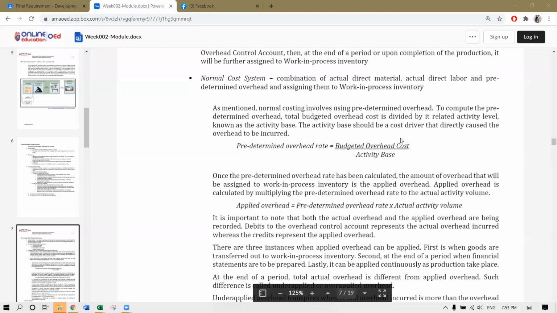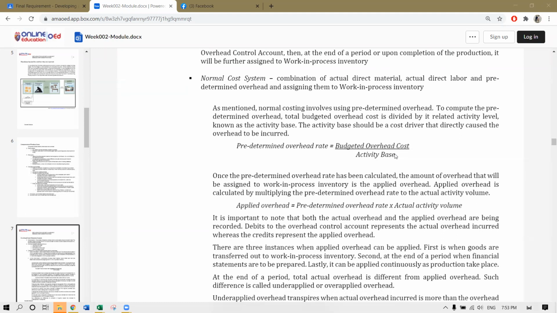Again ha, nag-assume kita nga ang aton budgeted overhead cost the following year will be 1 million. Nag-assume kita nga possible 20,000 hours it mako-consume naton. So 1 million divided by 20,000, 50.